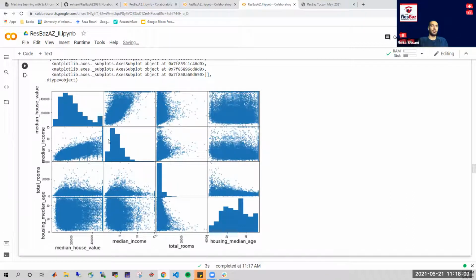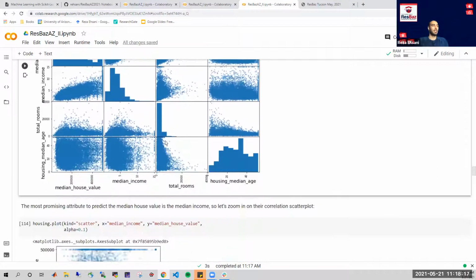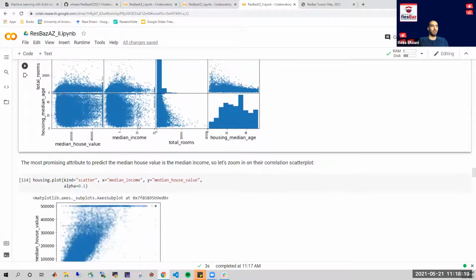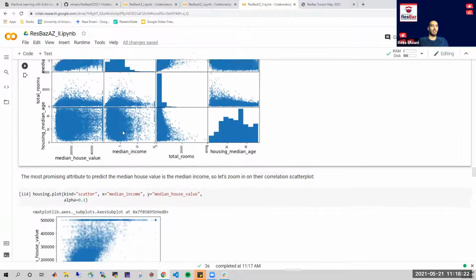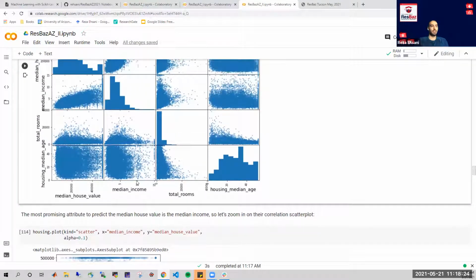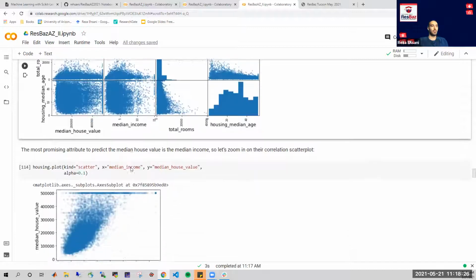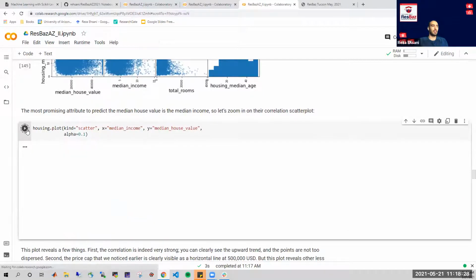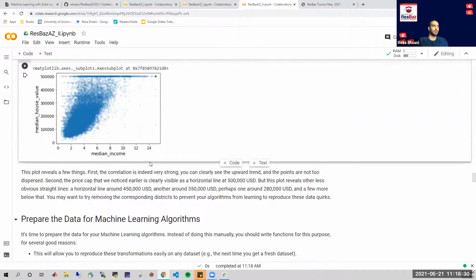And on the diagonal plots, you can see the histogram of that value, which is similar to what we plotted earlier. So the most promising attribute to predict the median house value is the median income. So let's zoom in a little bit on that and explore it.